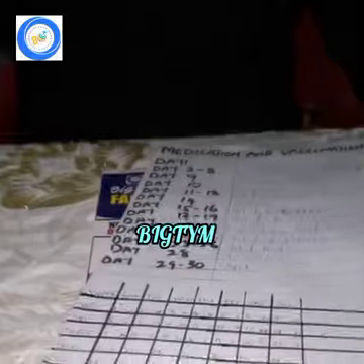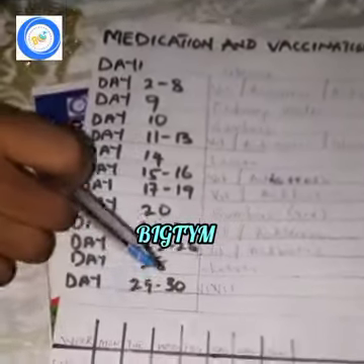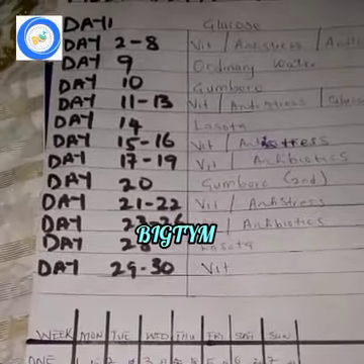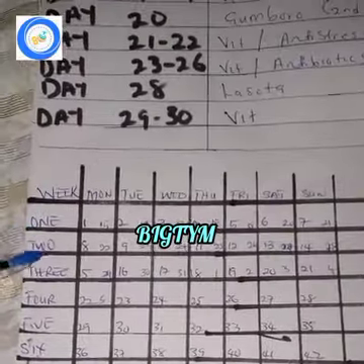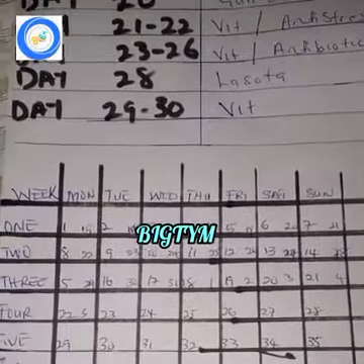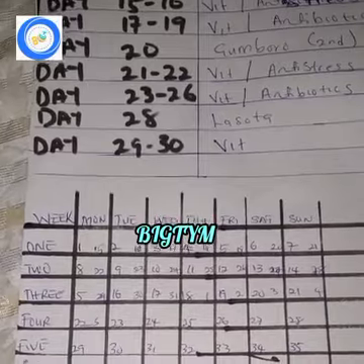Before I talk about the medication charts, I usually have something like a calendar like this. Whenever I need to stock up my birds, I make a chart of how I want it to look. These are weeks, week 1, week 2, week 3, week 4, week 5, week 6, week 7, depending on how many weeks you want to keep your birds.